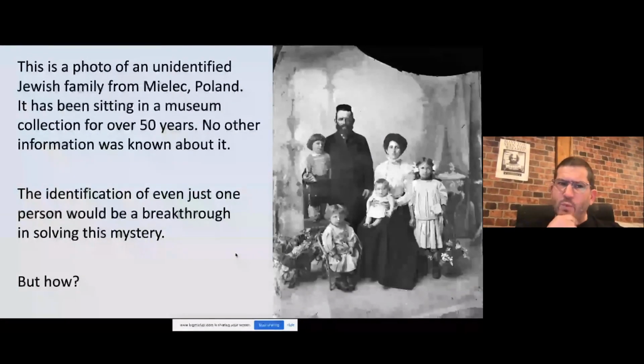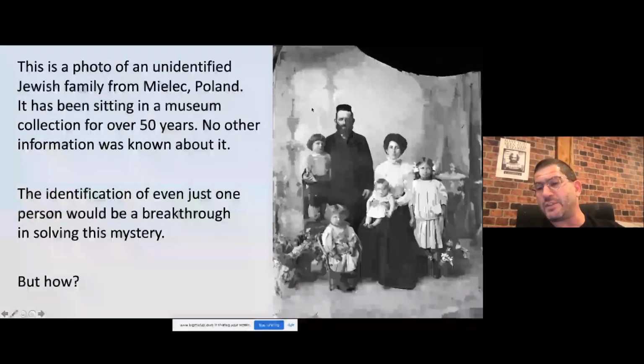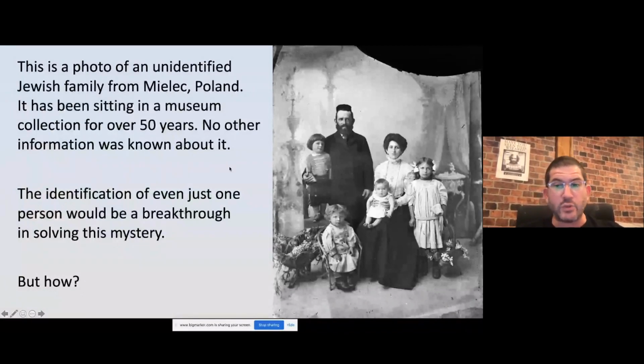I've been working with a museum in the town where my father's family comes from, Mielec, Poland. They have a large collection of photographs of Jews who lived in this town. They said, we have these pictures, but we don't know who they are. There was no writing on the back. I considered it an interesting challenge and wondered if I could use facial recognition tools to identify these people.